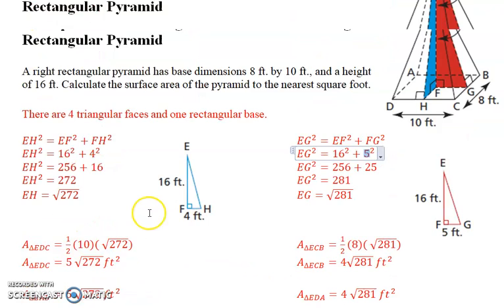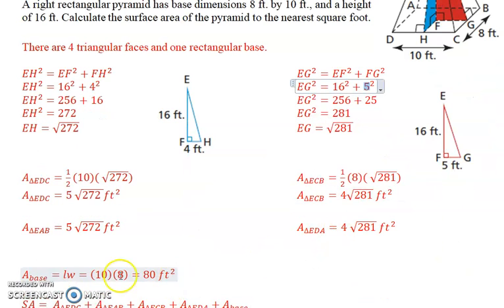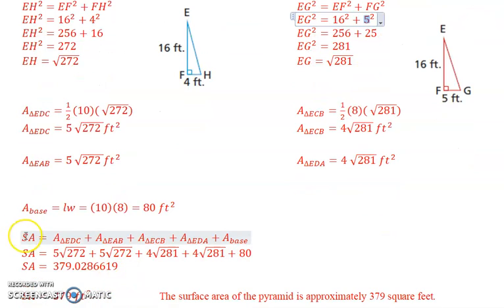And then the base is a rectangle, so it's just length times width, so DC times CB, so it's 10 times 8, which is 80 feet squared. To get the surface area, you add up all 5 faces, so it's the 4 faces that are all triangles. Remember, front, back, side, side, and then the base is 80.